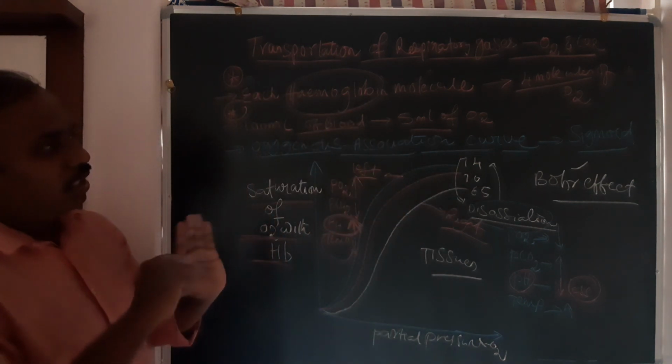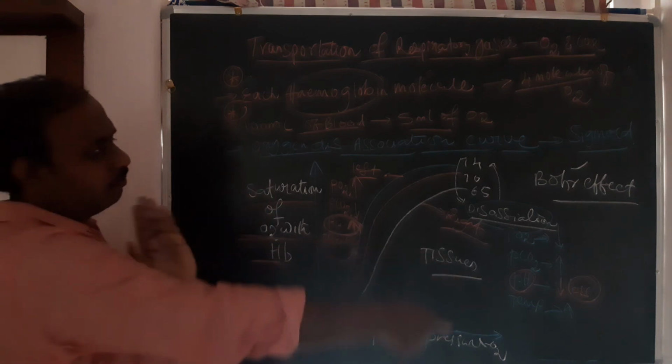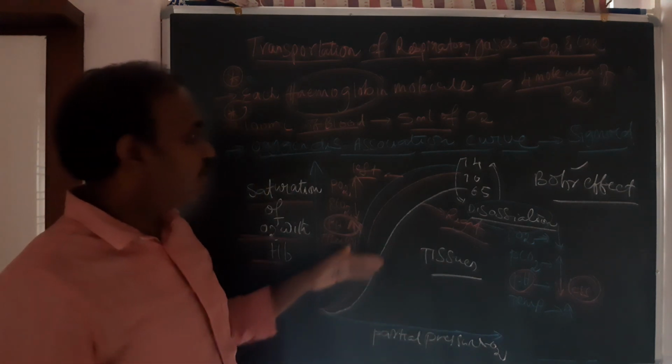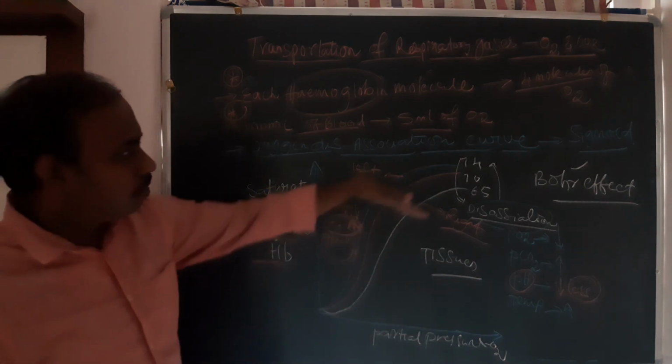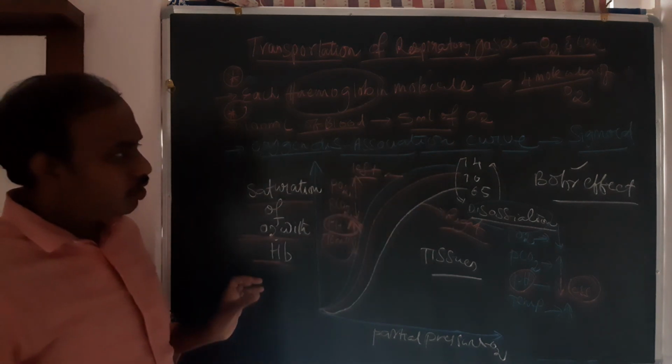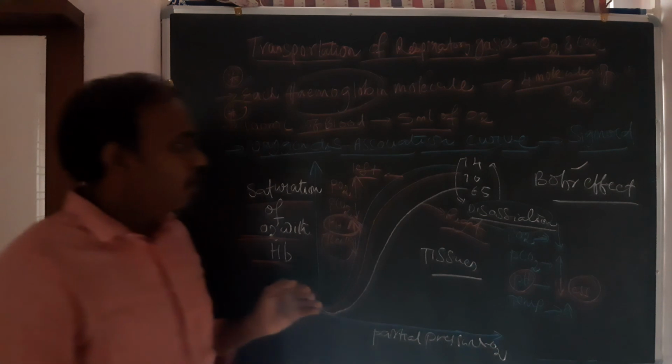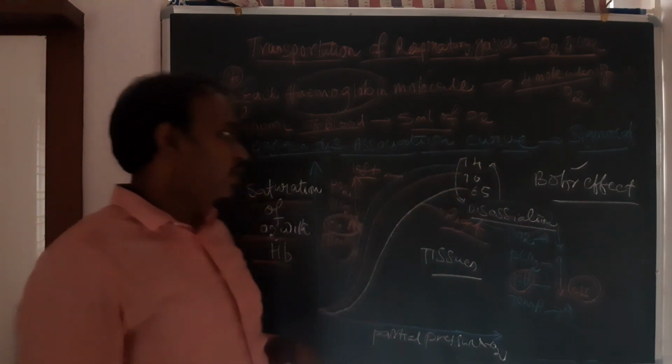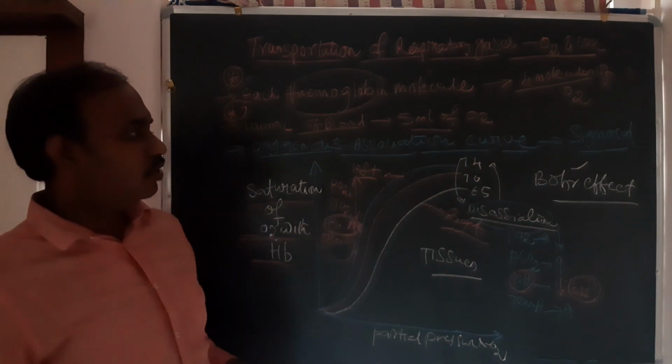Say for example, I'll give a diagrammatic representation indicating that the sigmoid curve is moving towards right. The following factors are responsible for the curve moving right, and these factors are existing for the curve moving towards left. I'll give you some options, and you should know these factors.